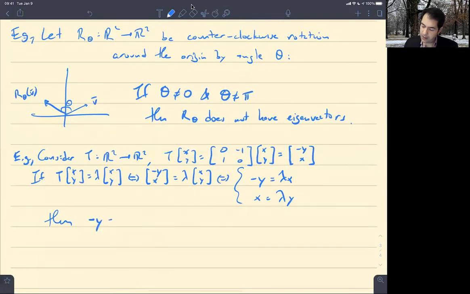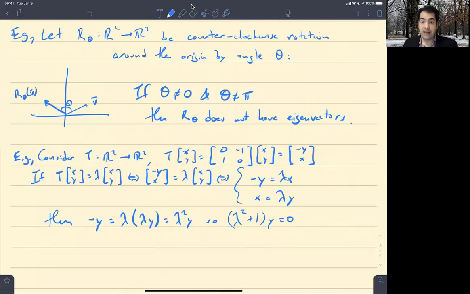We get minus y is equal to lambda times x, but x is equal to lambda y, so we get lambda squared y. Putting all of the y's on the same side gives us lambda squared plus 1 times y is equal to 0. Now, lambda squared plus 1 is not equal to 0, no matter what real number lambda is. So this tells us that y is equal to 0, and then plugging that in, x is equal to 0.